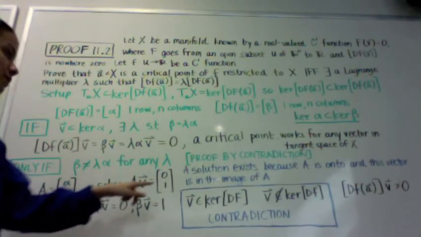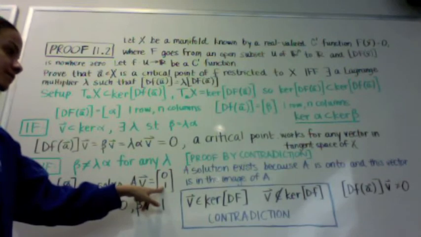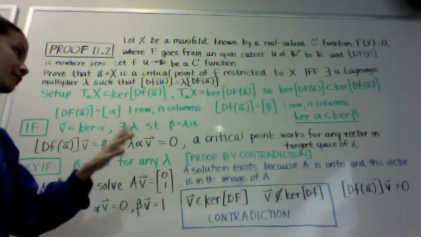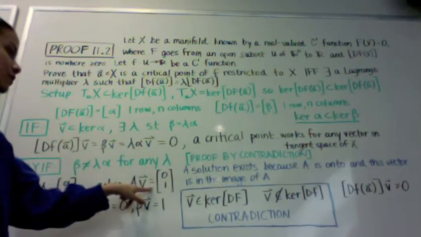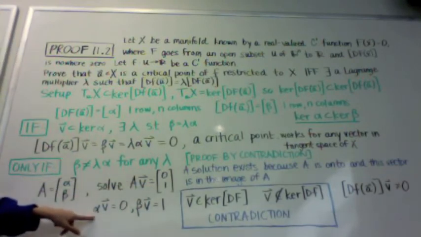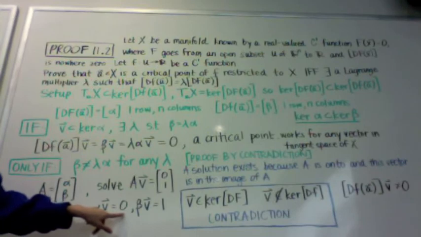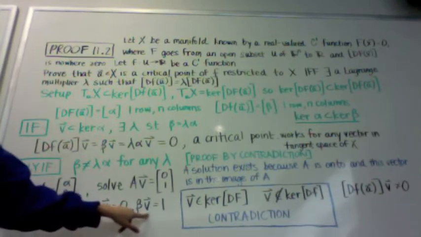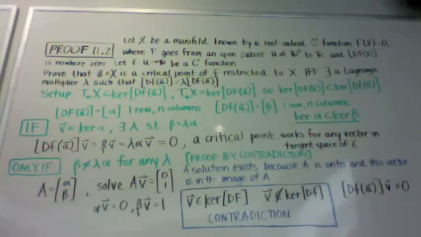Since we've chosen this solution, this is another nice axiom of choice. We've chosen this solution intentionally to give rise to this situation. Alpha acting on v is going to give us 0. Beta acting on v gives us 1. That's just by looking at what A is comprised of.